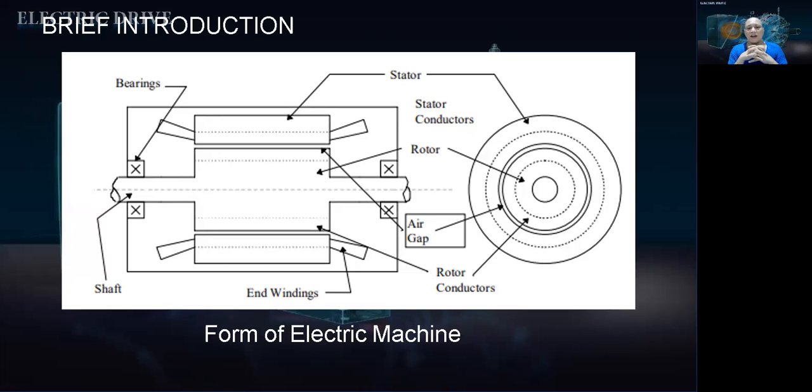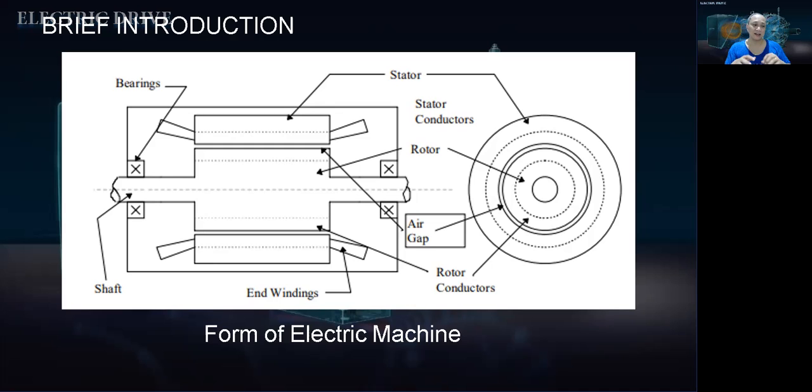This picture is just an introduction, and later we will talk a lot about this, because motors and machines, generators and motors, consist of two windings, basically stator and rotor. We call it armature winding, and we also call it field winding.